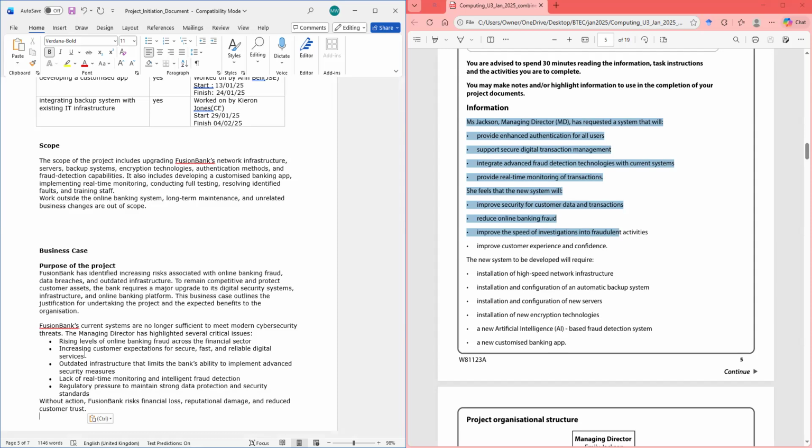This is just my thing. You can come up with yours. And all of this that I've gotten here, it's coming from here. All I did was to just look at it and try to reason, why would they need this system? What's the reason that they're going to improve security for customer data and transactions? So the reason for upgrading it means that they didn't have these things before, so they need to improve on it.